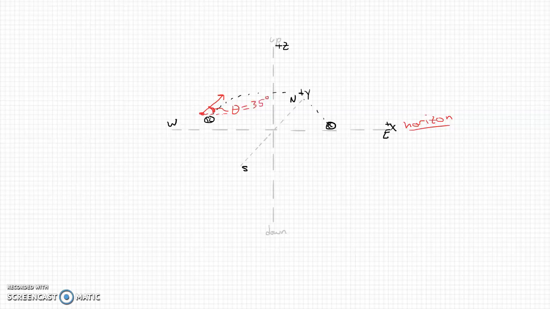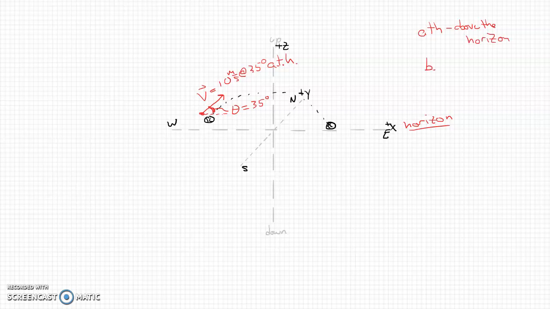So I might describe this vector, it's a velocity, as something like 10 meters per second at 35 degrees above the horizon. Notice I'm going to just abbreviate it here with above the horizon. Or you can say horizontal, and that's fine.